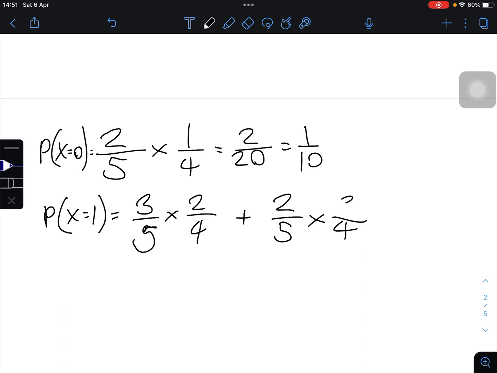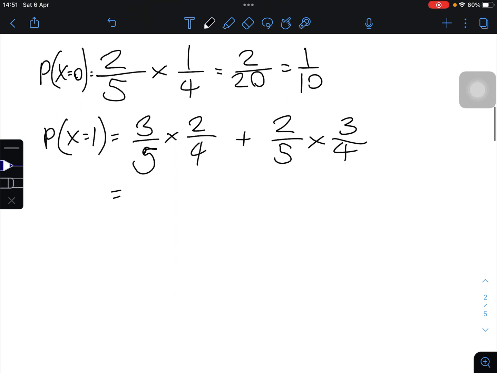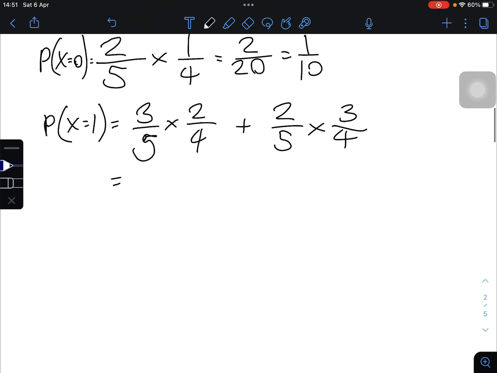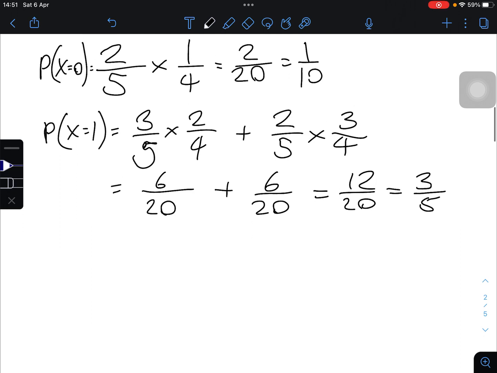How many of those are green? 3 of them. And so that's our P of 1. So 3 times 2 is 6 over 20, plus 2 times 3 is also 6 over 20. And so that gets us there to 12 over 20, which simplifies to 3 over 5.